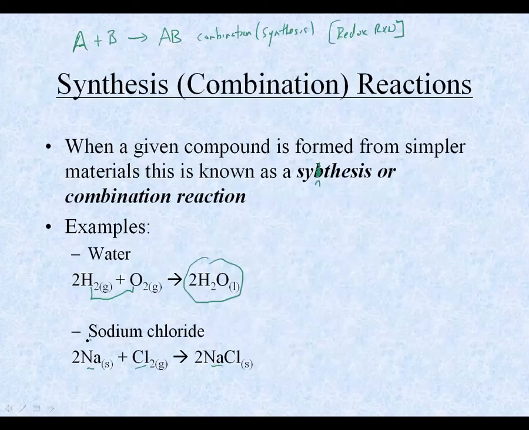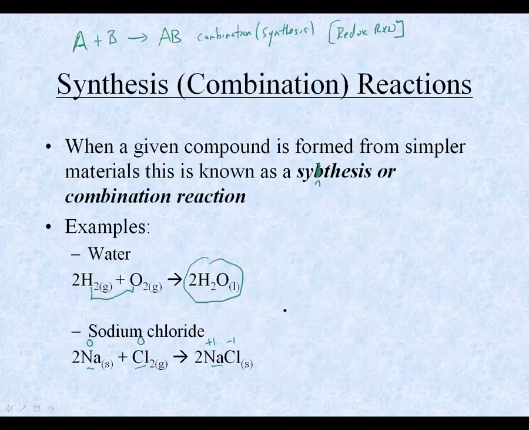If we look at the sodium by itself, it has no charge. If we look at the chlorine by itself, it has no charge. They will gain charges when they come together: +1 for sodium because it's group 1, and -1 for chlorine because it's group 7.